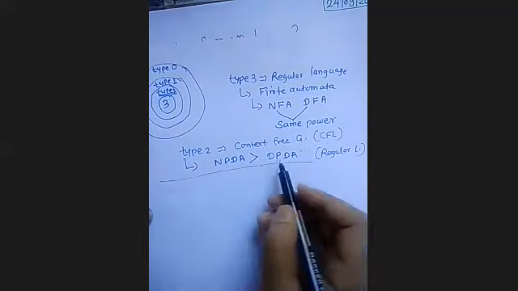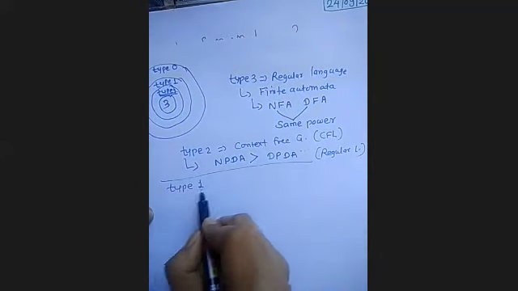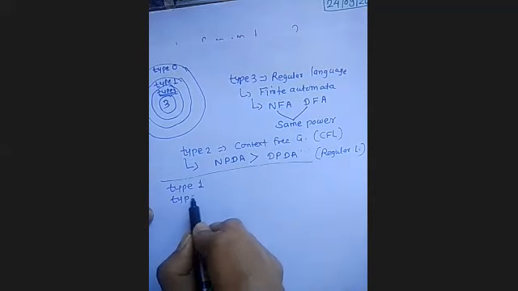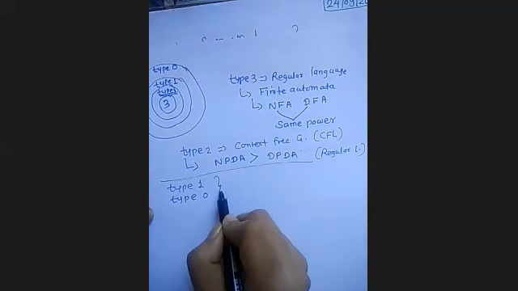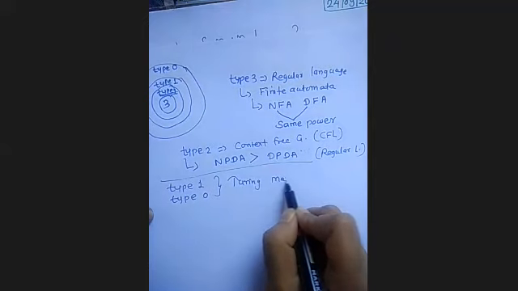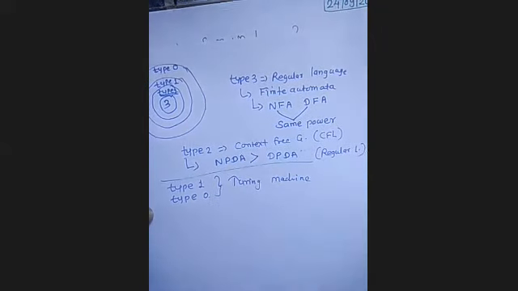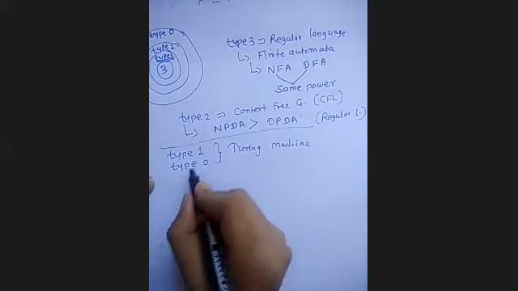Then type 1 we will be covering in the next unit. Type 0 and type 1 are accepted by the Turing machine, which is more powerful than all this.